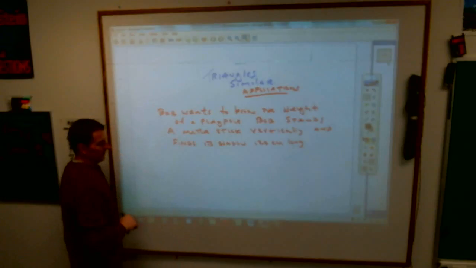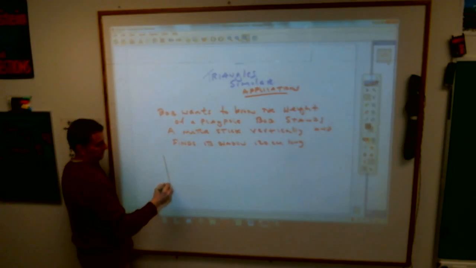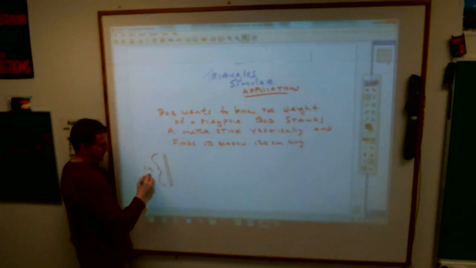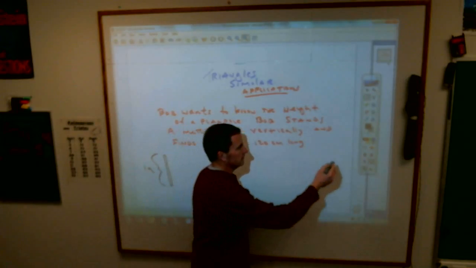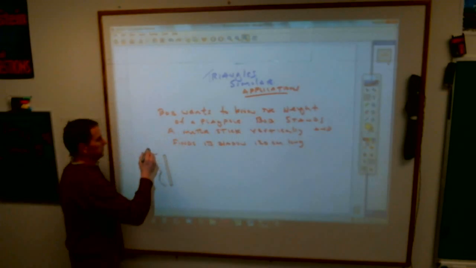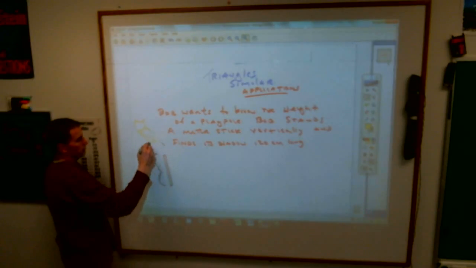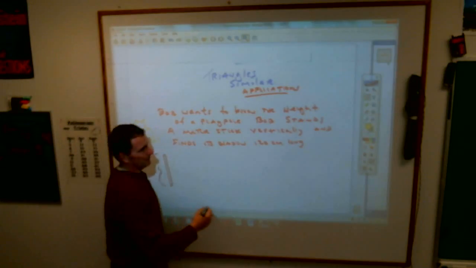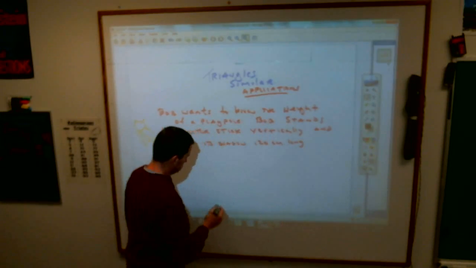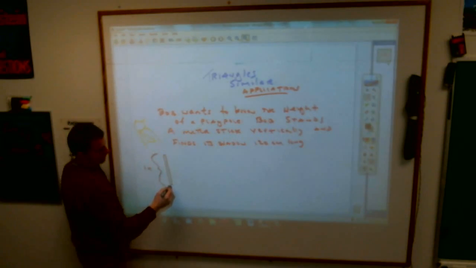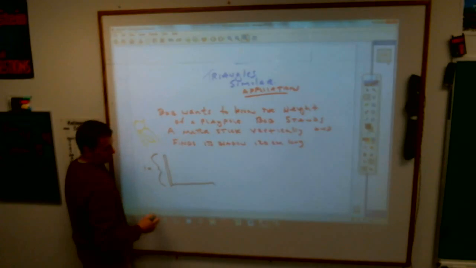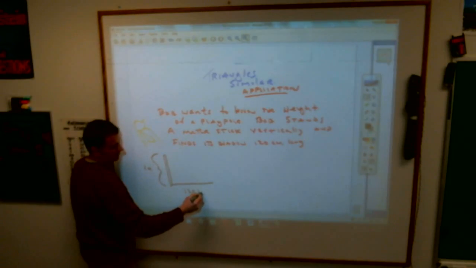In other words, he takes a meter stick and sets it on the ground and stands it upright. Here's my meter stick. How tall would my meter stick be? 1 meter. And here's Mr. Sun up in the sky shooting down its rays, and the shadow the sun makes with that meter stick, here's its shadow, is 120 centimeters long.